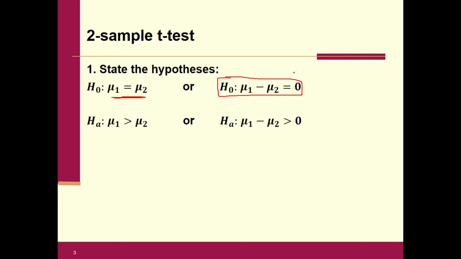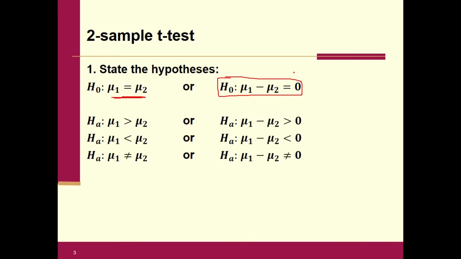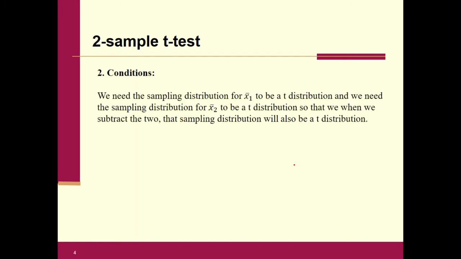So either we can put greater than, less than, or not equal to, mu1 versus mu2. And again, you could write it like that as mu1 minus mu2. Up to you.